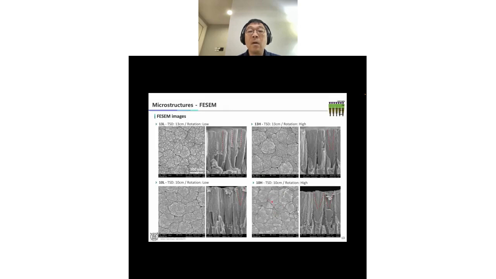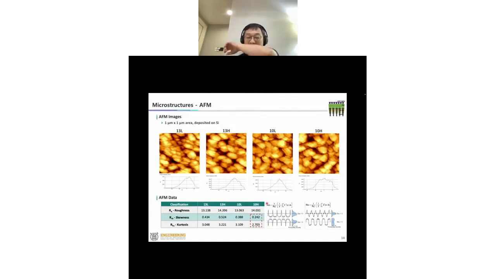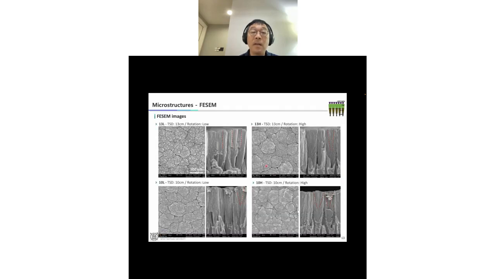The property of the electrolyte that we want is actually high density. So we can guess that some parameters are more favorable to make the dense electrolyte. And then we also observe the surface quality, and it has a similar tendency to our previous SEM image.